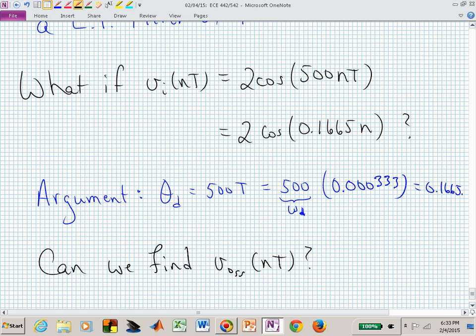You could recursively produce this, couldn't you? You have the linear difference equation. What we want to do now is think about a closed form expression for v sub 0 of SS.